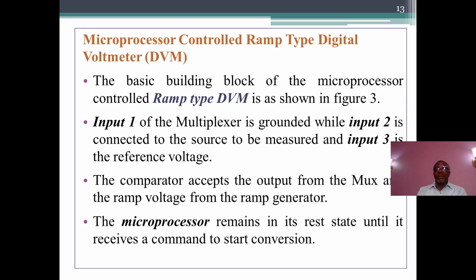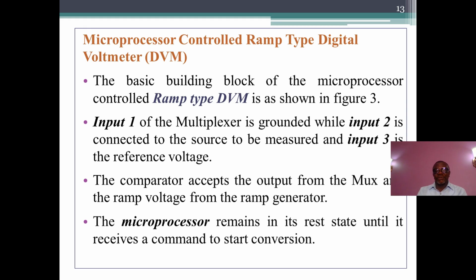Now, the basic building block of the microprocessor control ramp type DVM is as shown in Fig 3. Here, input 1 of the multiplexer is grounded while input 2 is connected to the source to be measured, and input 3 is the reference voltage. Again, it has the comparator which accepts the output from the mux and the ramp voltage from the ramp generator.